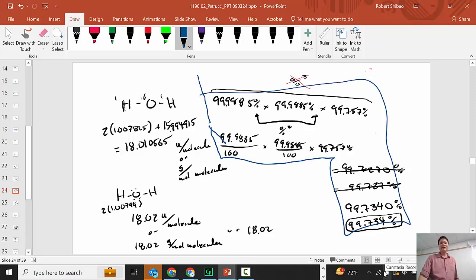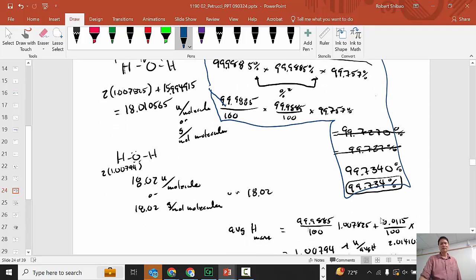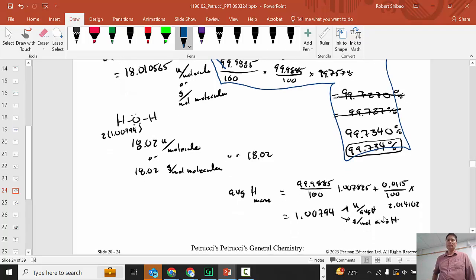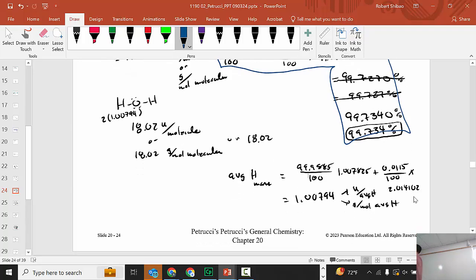Okay, then you repeat this. And so I'll just use these since I already wrote these earlier. This is just some additional calculation. Here, the average hydrogen weighs 1.00794 U. I didn't do this, but do you remember doing something like this?